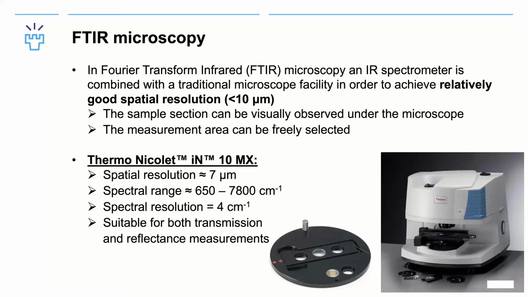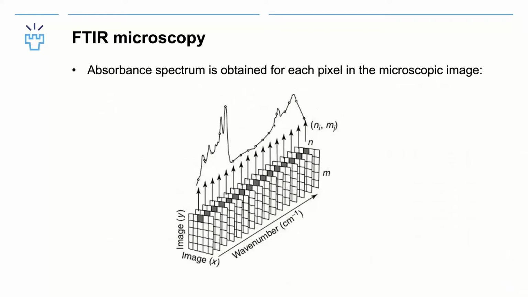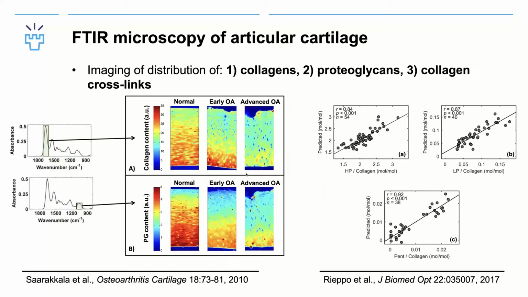But you don't need any stainings in FTIR spectroscopy, because basically you measure the infrared absorption through the sample section. It means that in each of the pixels that you image, you get the absorption spectrum. And from this absorption spectrum, you can analyze different content or different molecular composition of the sample.